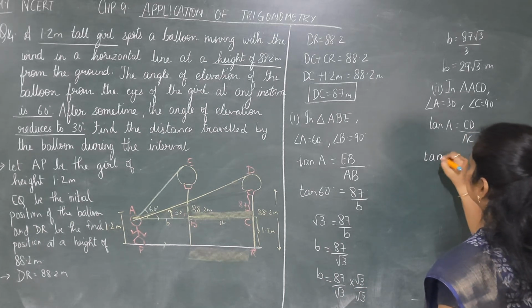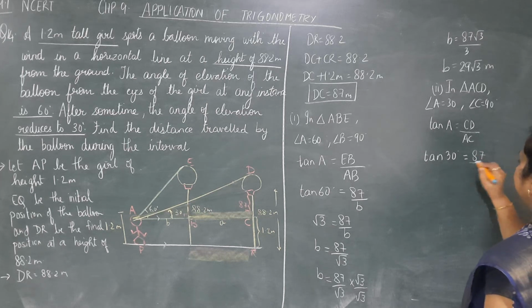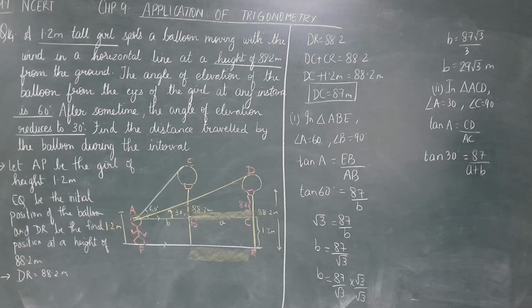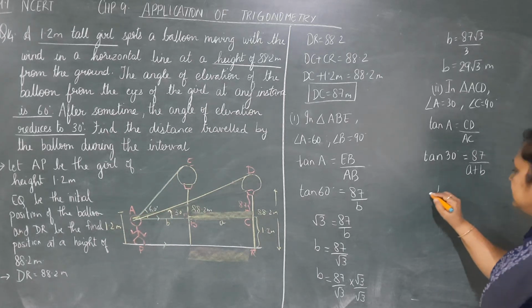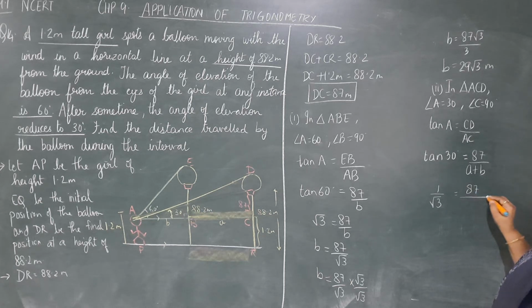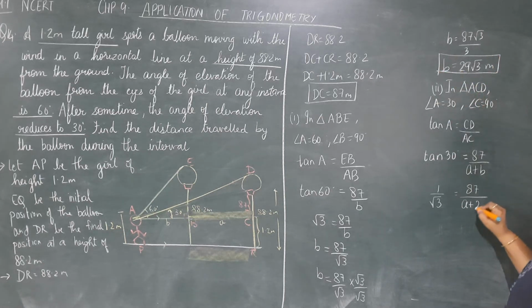Angle A is 30, CD is 87 and AC would be A plus B. Tan 30 is 1 by root 3, 87, A is unknown, that is what we have to find out, and B we have got over here as 29 root 3.